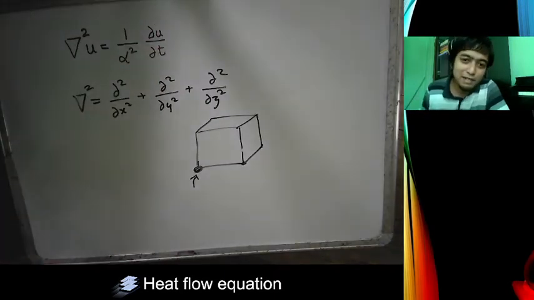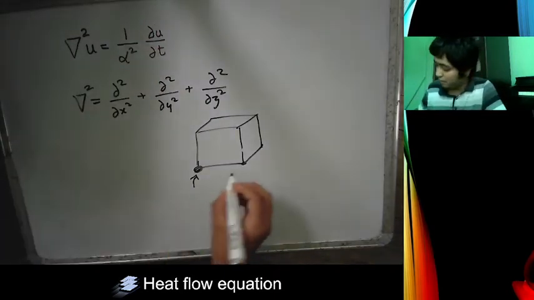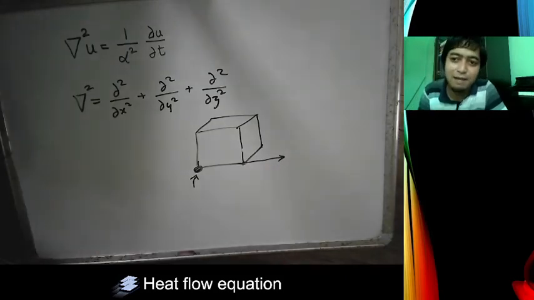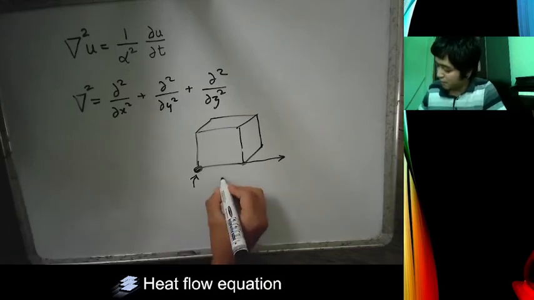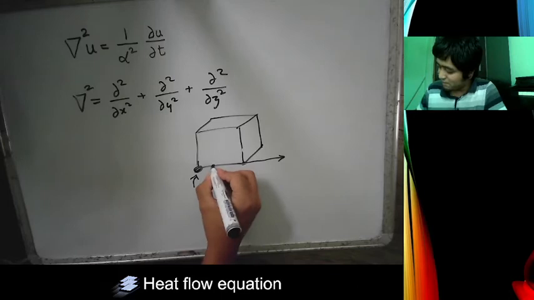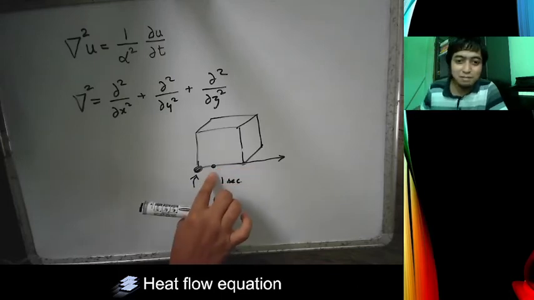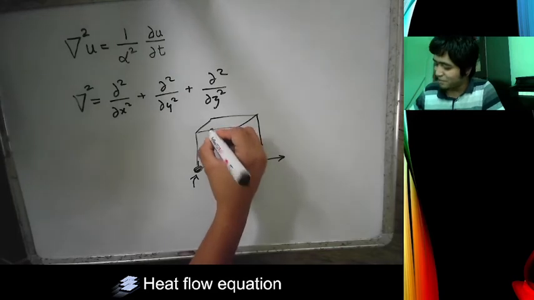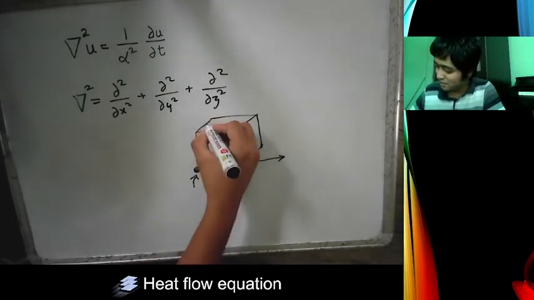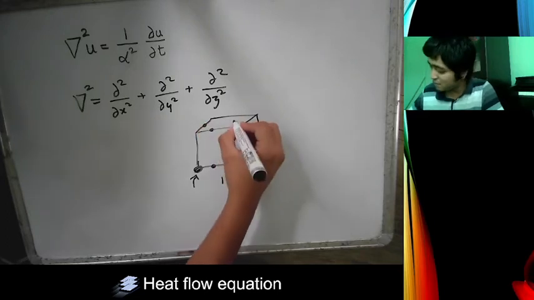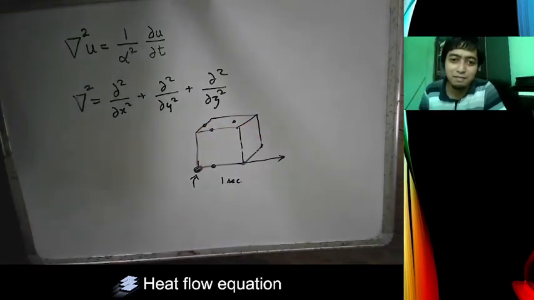So what we are saying here is, if you consider any instant of time, suppose after 1 second, you will notice that this portion here will have different heat, different temperatures, from the portion here, and similarly from over here, and similarly in any portion of the box.